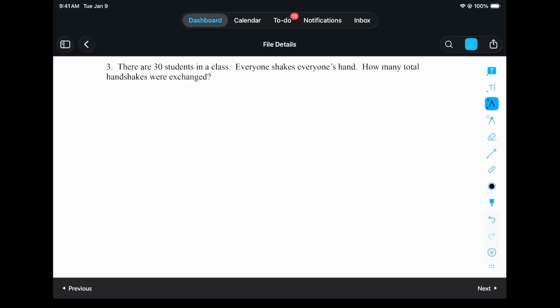So for this problem, we can make a table. Might help to visualize it. So we're going to have the number of students and total handshakes.